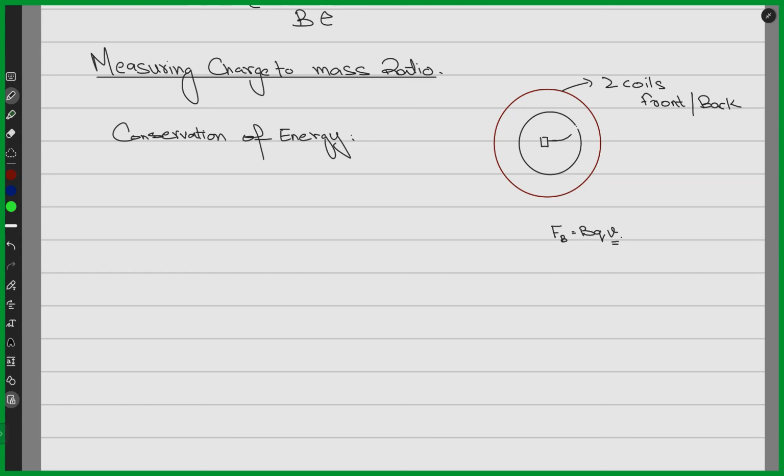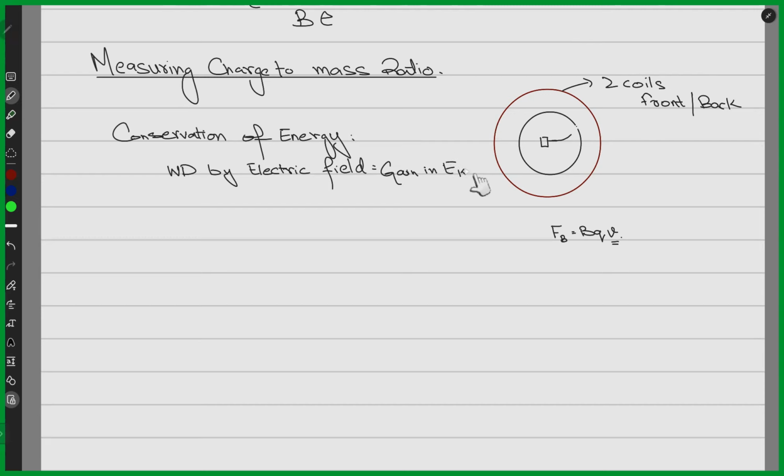And essentially, in the universe there is no such thing as a stationary electron, by the way. Electrons are always moving here and there. So the conservation of energy states that the work done by the electric field is equal to the gain in kinetic energy.